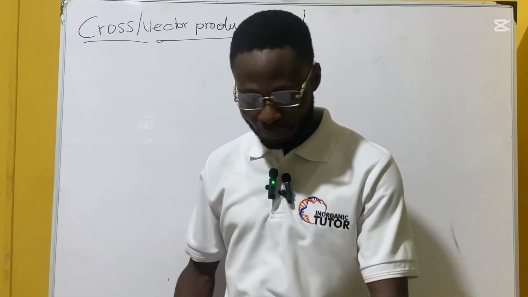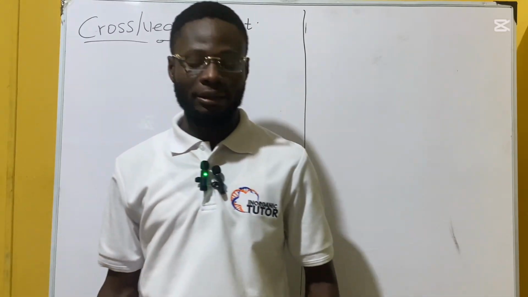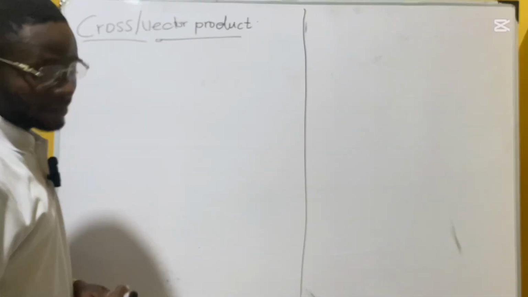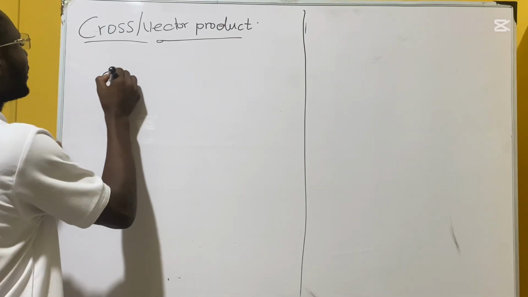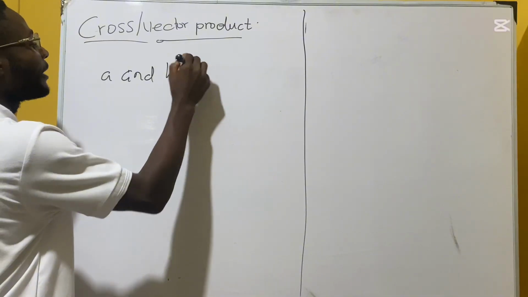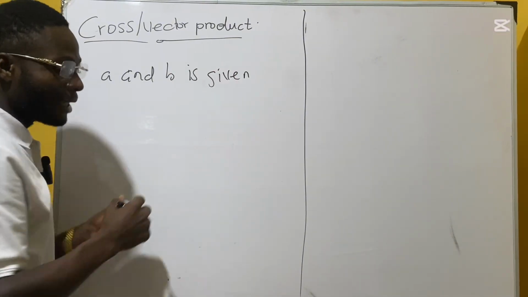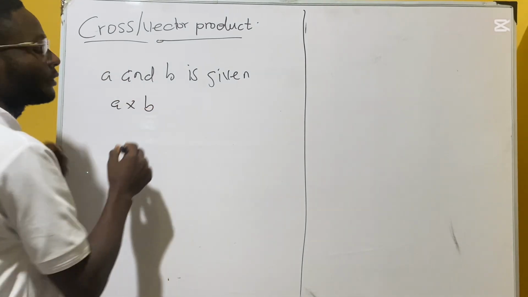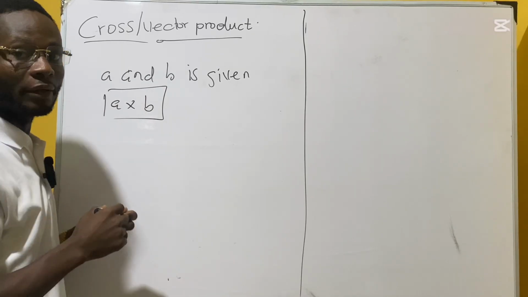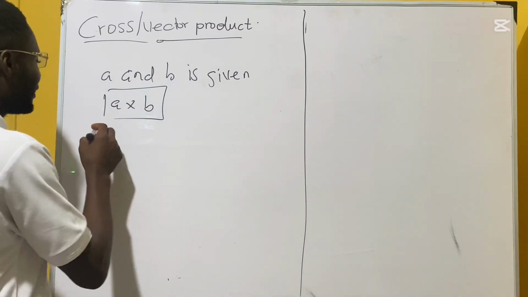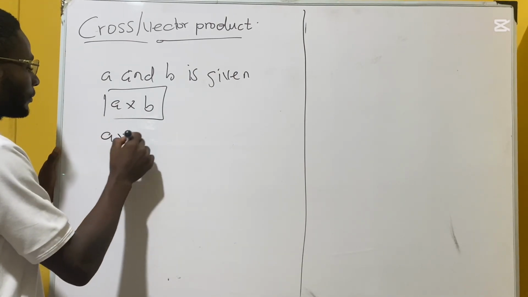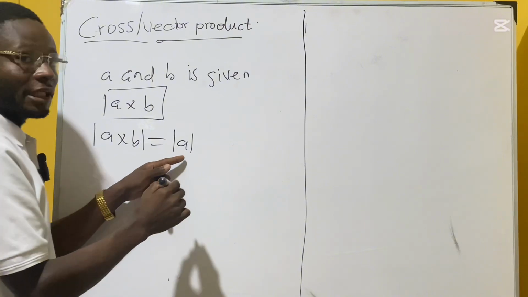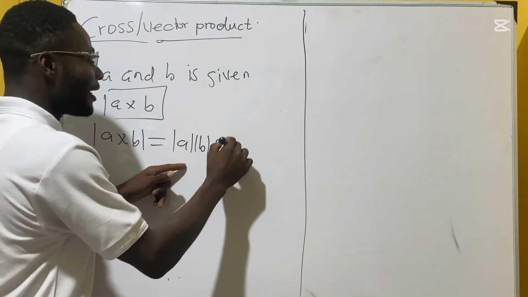Cross or vector product. Okay, so basically, when we talk about the vector product of the vectors A and B, we can say that this vector product of A and B is given as A cross B, and its magnitude is equal to the magnitude of A times the magnitude of B sine theta.